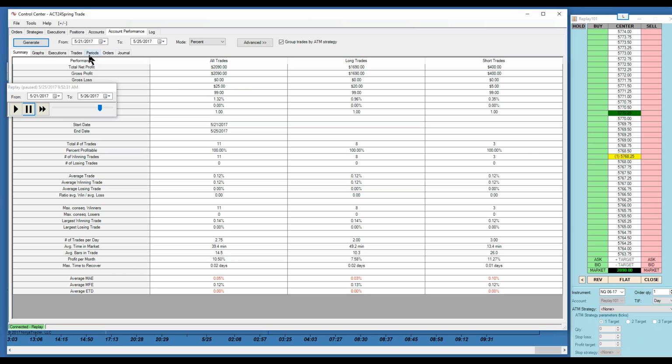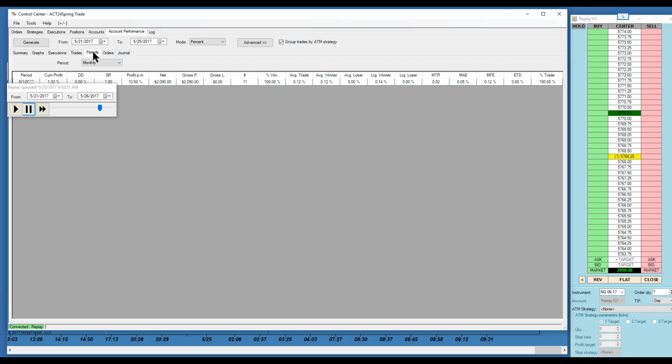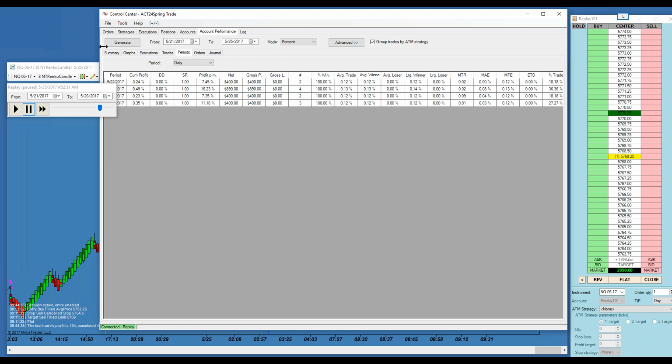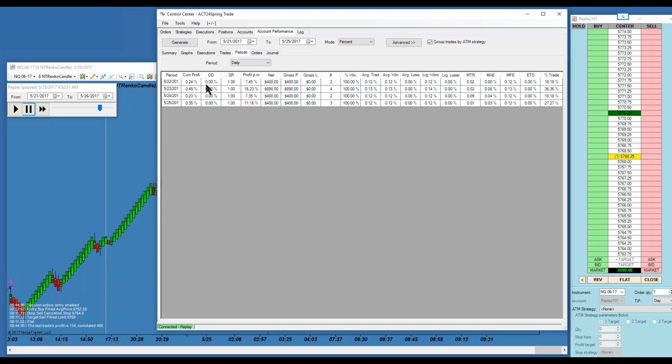This is something you don't even have to see once you hit your target. Let's see if I can generate this here. As you see, 400, 890, 400, and 400.